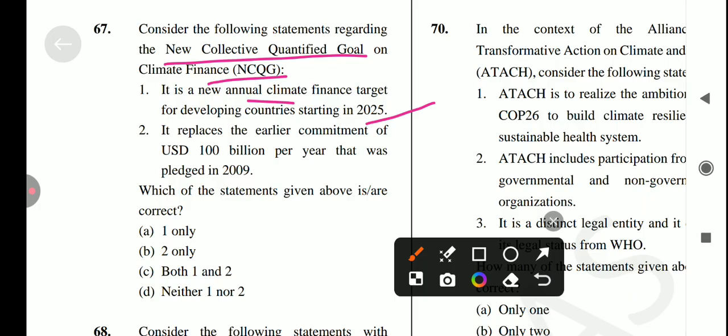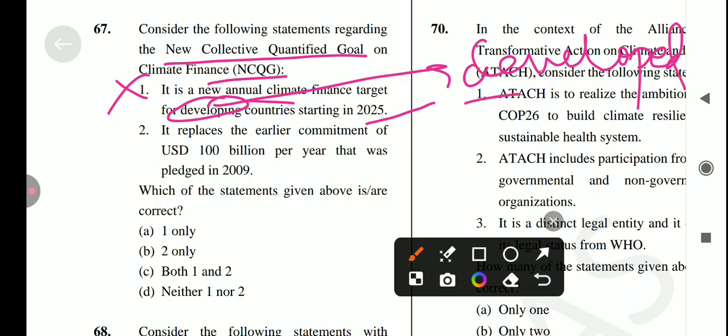Is it true? No, it's not a correct statement because it is a new annual climate finance target not for developing countries, it's for developed countries, starting in 2025. So first statement is incorrect.